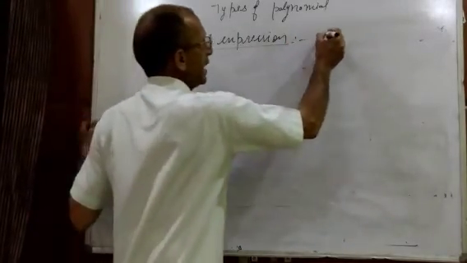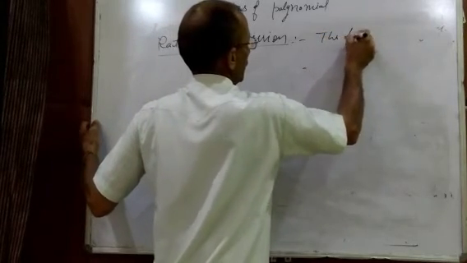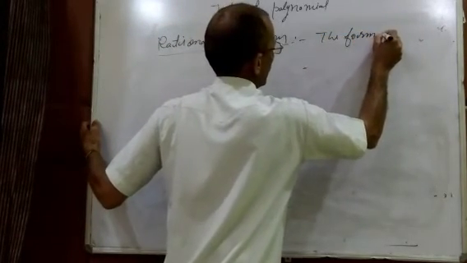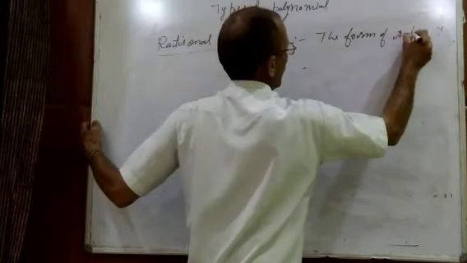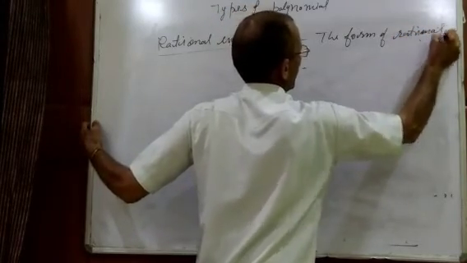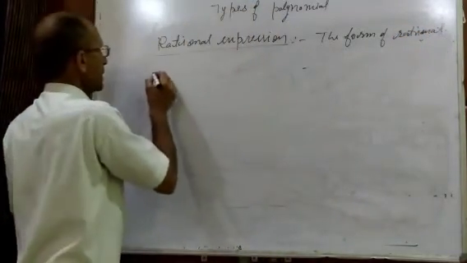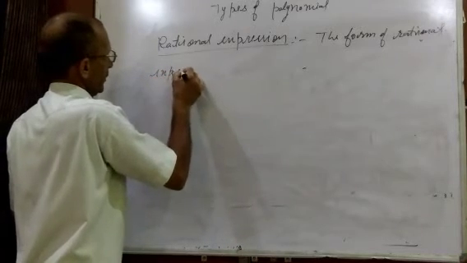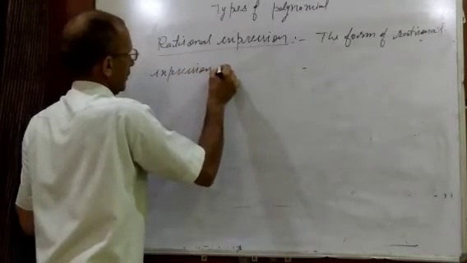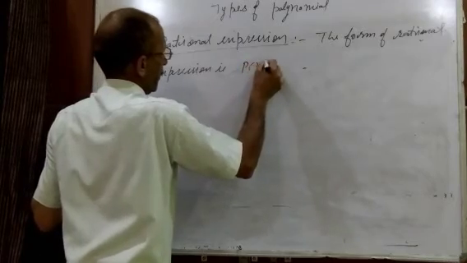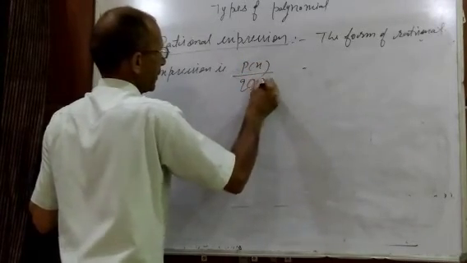The form of a rational expression is p(x) by q(x).